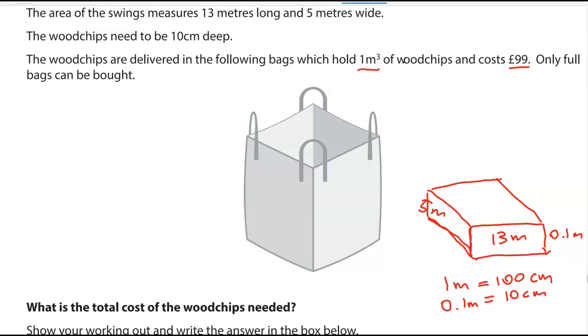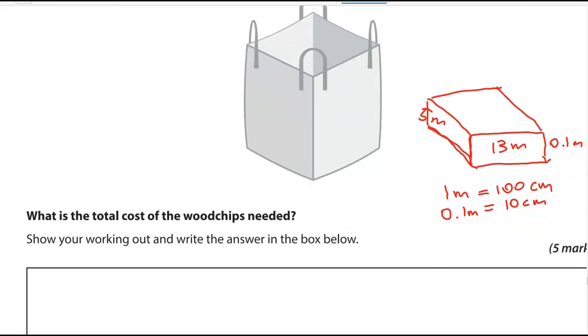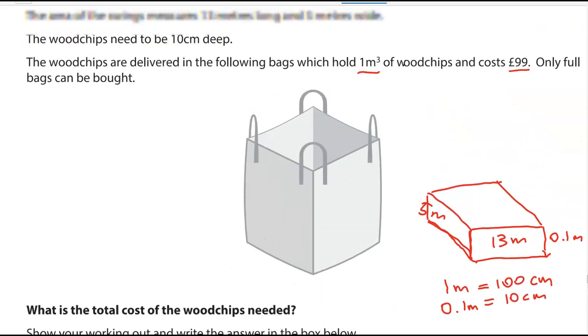So if I multiply 5 by 13 by 0.1, it will give me the overall volume in cubic meters. So 5 times 13 times 0.1 gives me 6.5 cubic meters. So 1 bag holds 1 cubic meter.